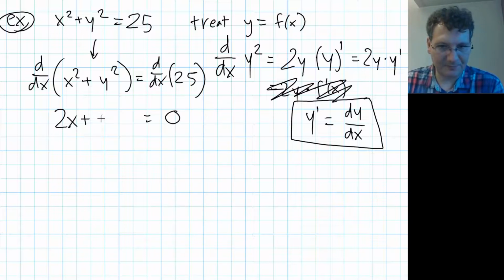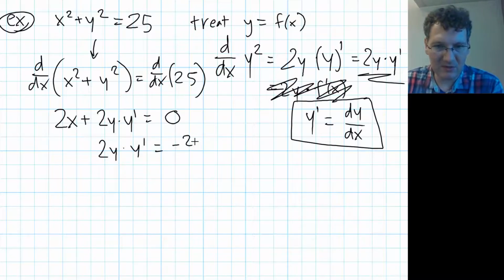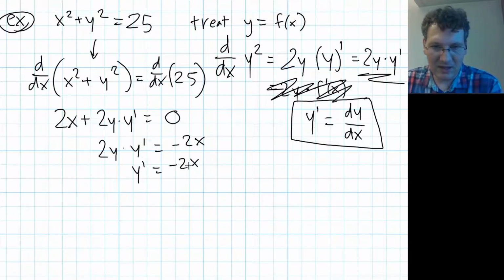It's going to be 2y times y prime, because I just solved that over here. So the idea then is I'm going to solve for y prime, get that alone. So 2y times y prime equals negative 2x. So y prime is going to be negative 2x over 2y. That's going to be negative x over y.